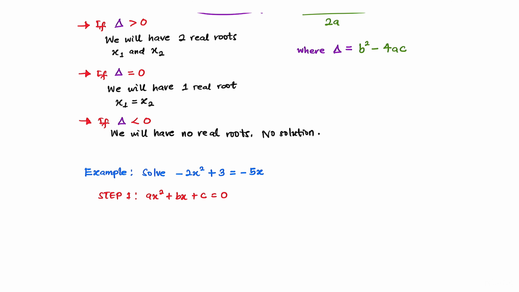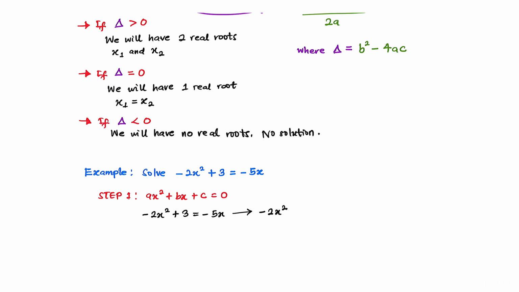We can see that this equation is given to us as minus 2x squared plus 3 equals minus 5x. Comparing this to this, we can see that the equation is not in the standard form, so we have to rewrite it in the standard form. So this will have to become minus 2x squared.